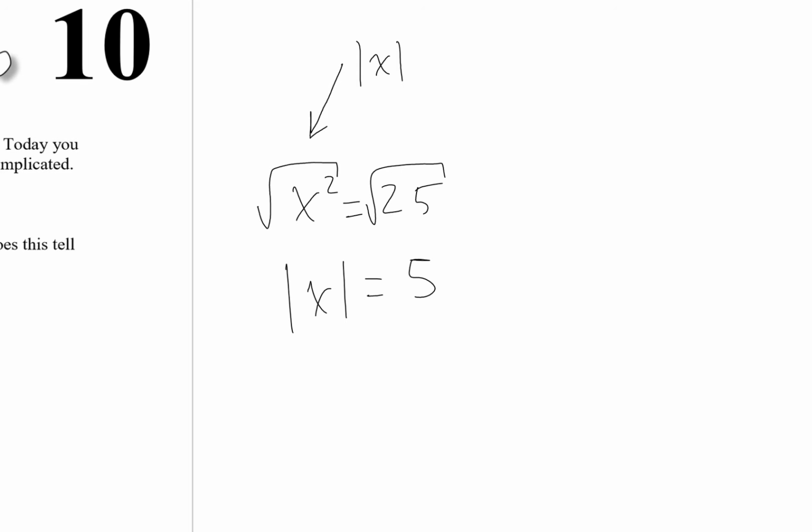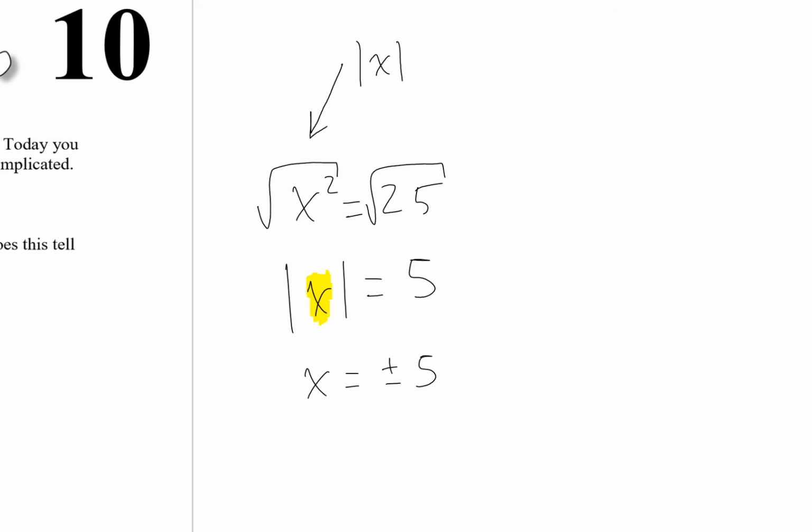Like we said yesterday, the value inside the absolute value could be either positive 5 or negative 5. So I can rewrite this as x is either plus 5 or negative 5. There are two values that make that true, plus or minus 5.